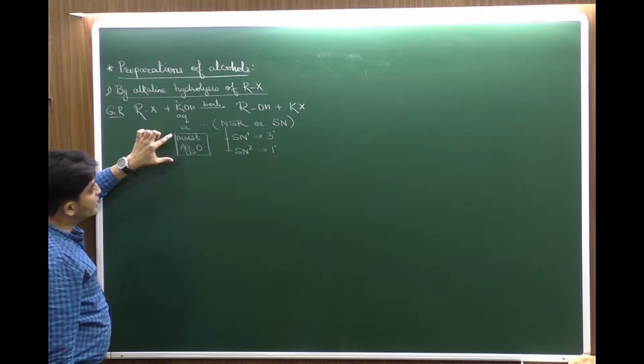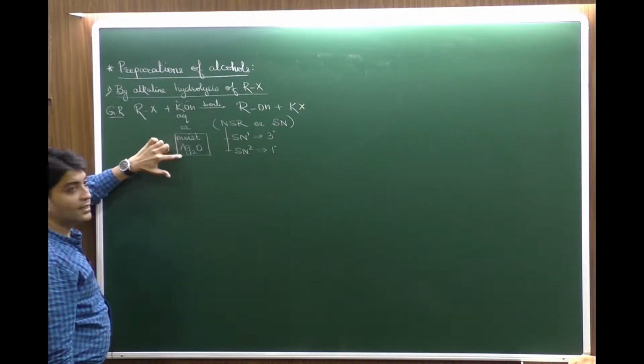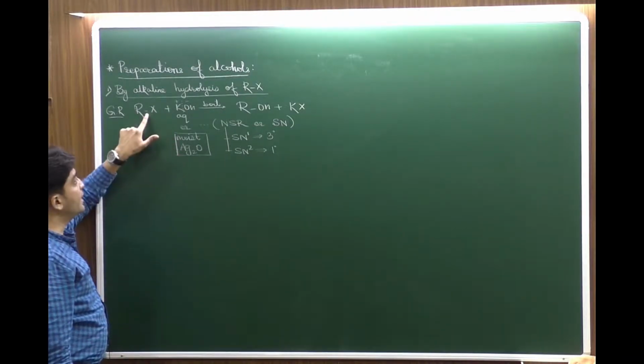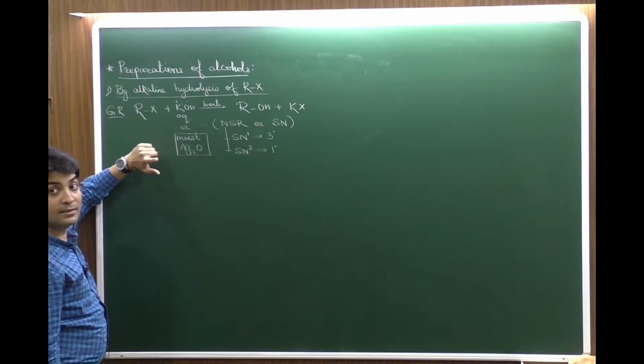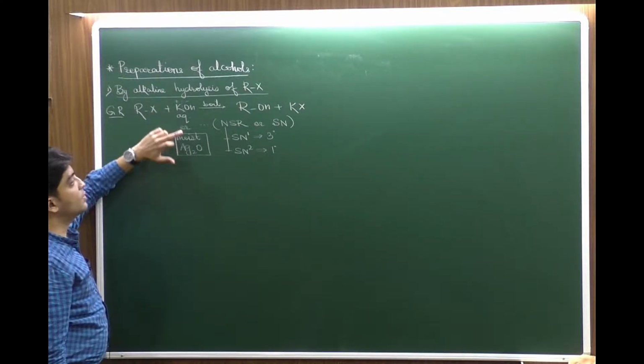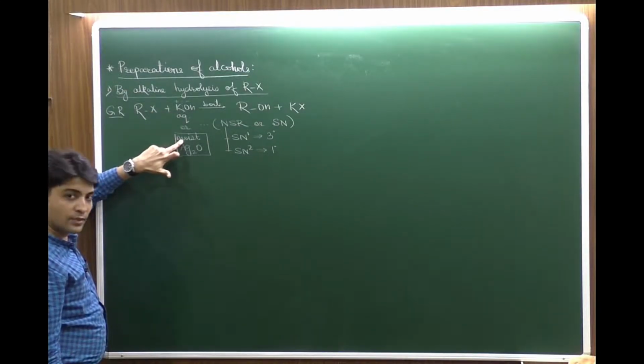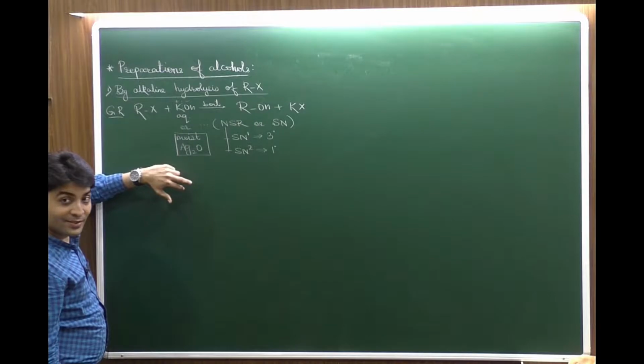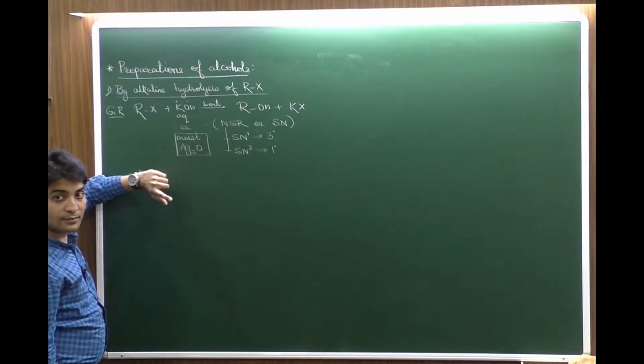And contrasting to this, if I use dry silver oxide, the alkyl halide would be converted into an ether. So aqueous KOH gives an alcohol, moist silver oxide gives an alcohol, dry silver oxide gives an ether.